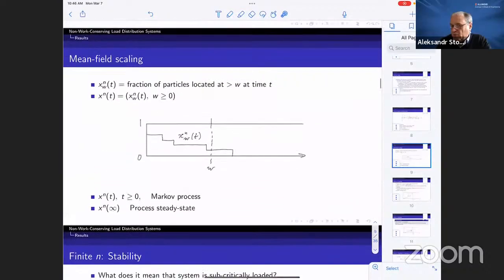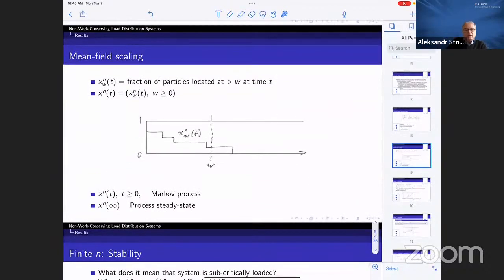Okay, so as you already guessed probably, since we are letting n go to infinity, we will look at the mean field representation of the process. So, as usual, the state of the system at time t can be represented by this function, which basically tells you the fraction of the particles which are located to the right of point w, right? So this is the system state.